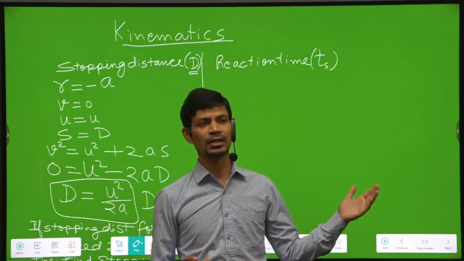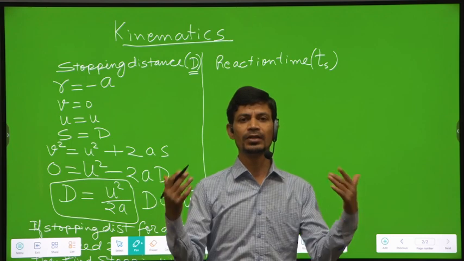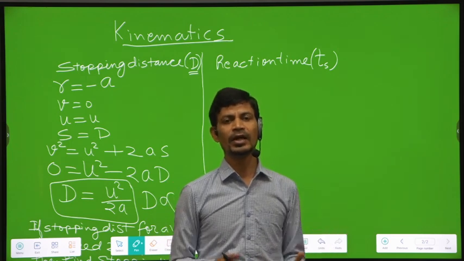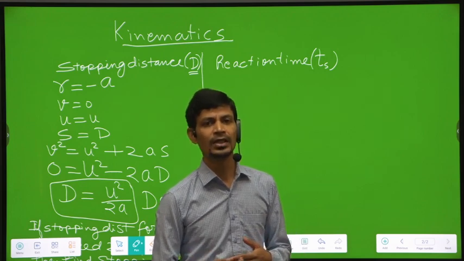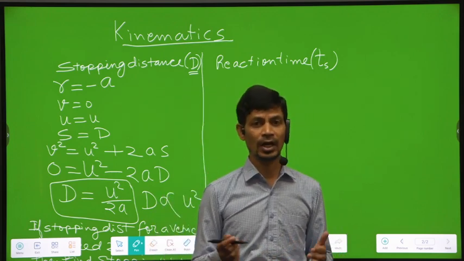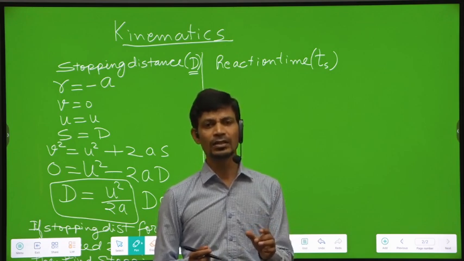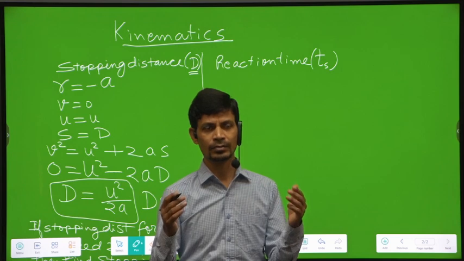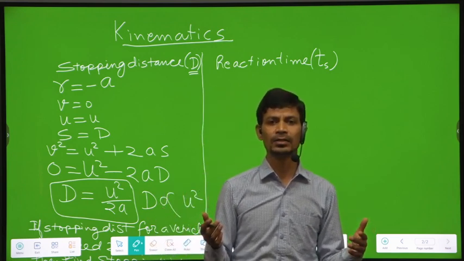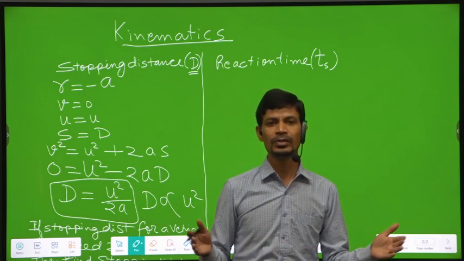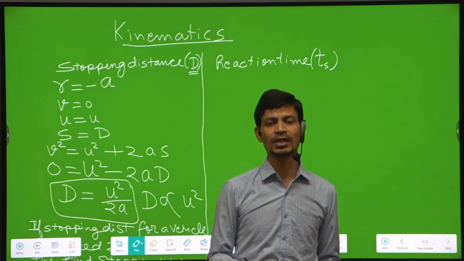If we consider the same situation for vehicles, if I see something in front of me and have to apply the brake suddenly, or if a vehicle ahead of me suddenly stops, I also have to press the brake. In between what I have seen and how I have reacted, there is a time interval, which is reaction time.